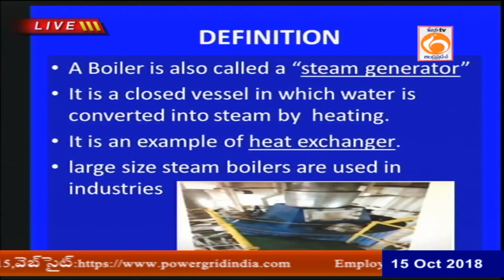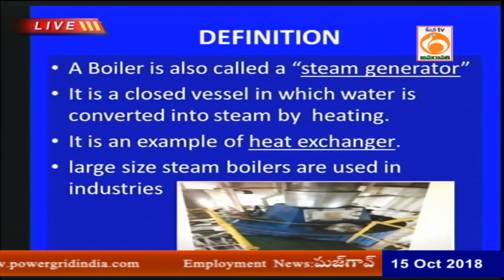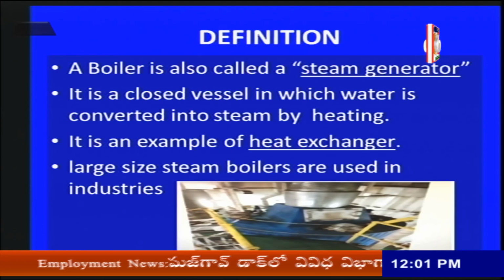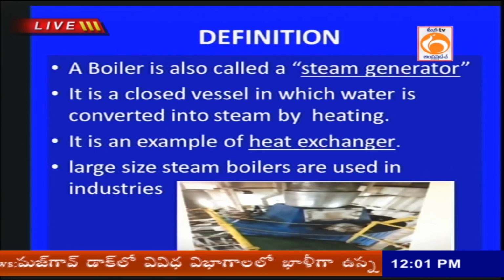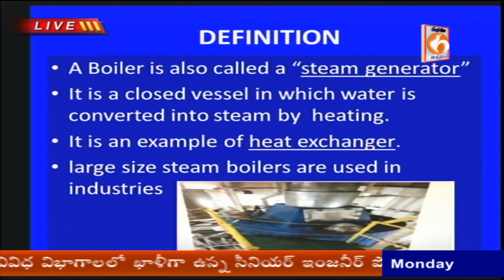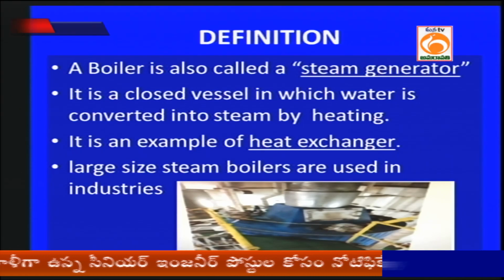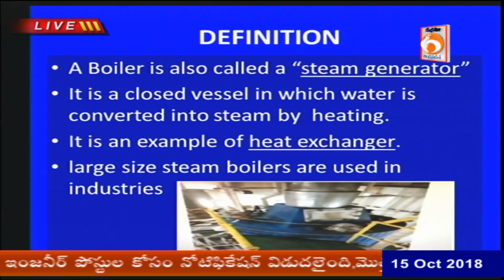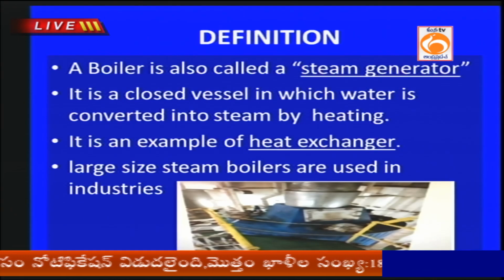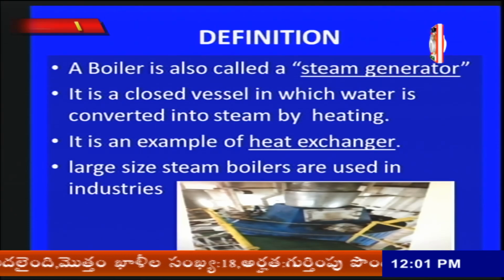Now see the definition of the boiler. A boiler is nothing but a steam generator in a closed vessel in which water is there. That water is converted into steam by applying heat, and it is an example of a heat exchanger.